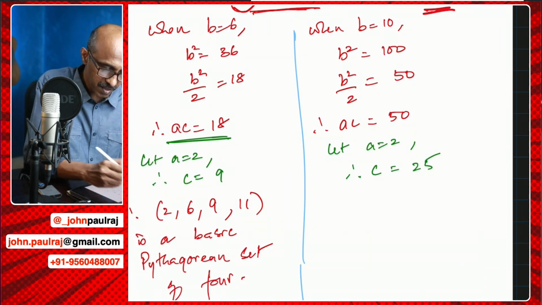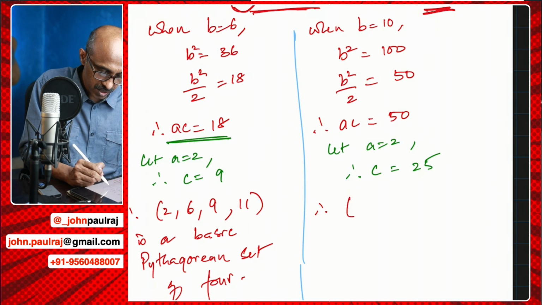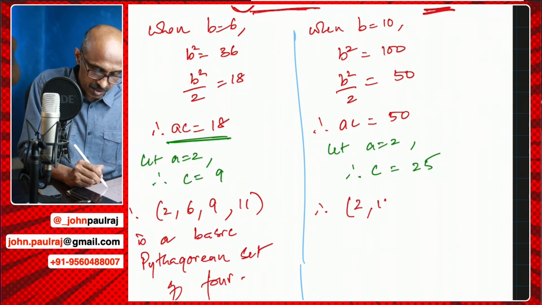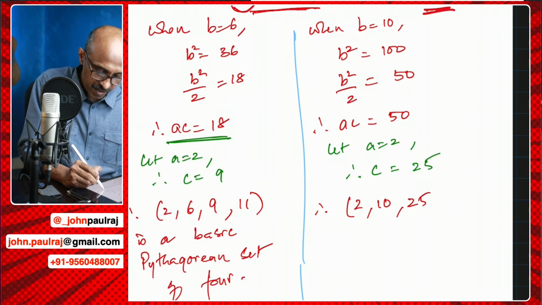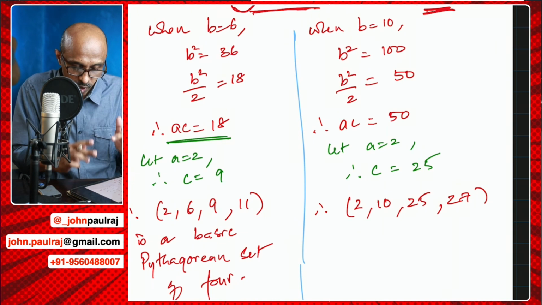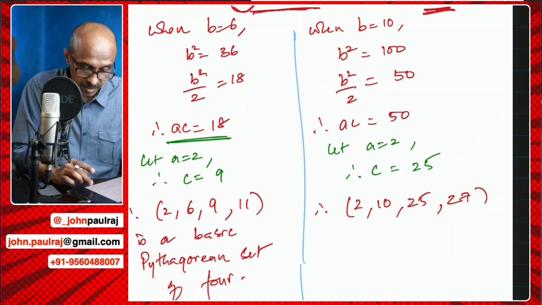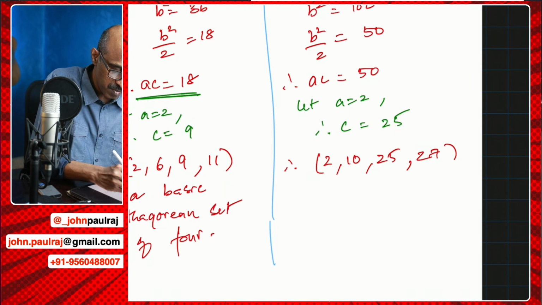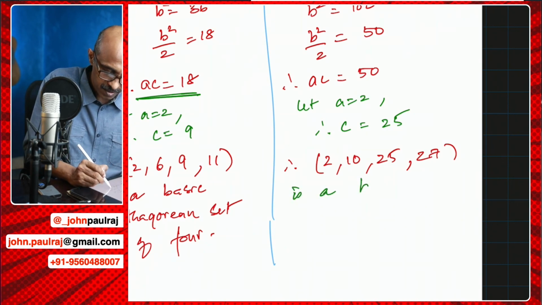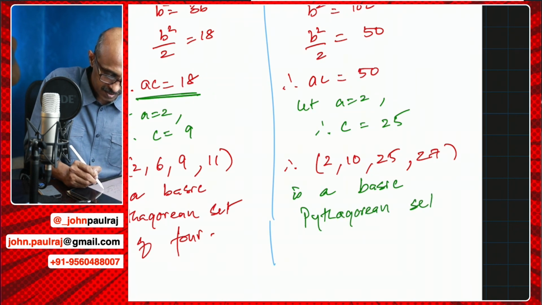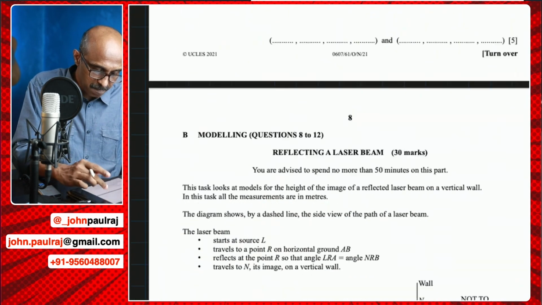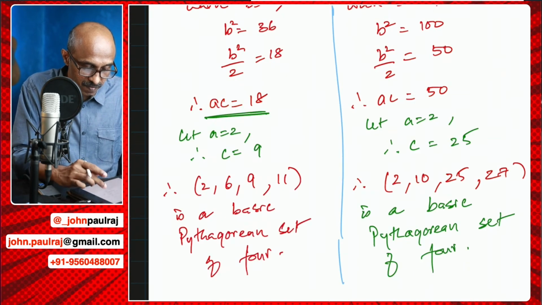So the Pythagorean set of 4 is 2, our B is 10 this time, our C is 25, and 25 plus 2 is 27. And clearly there's no common factor for all those 4 integers. This is a basic Pythagorean set of 4.